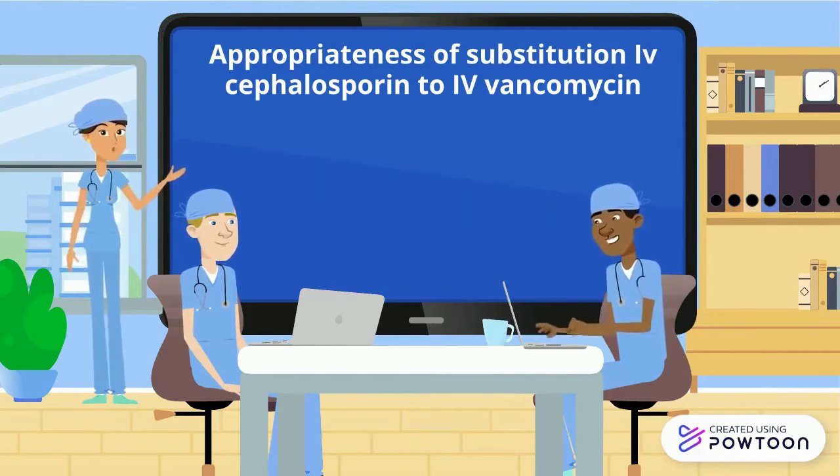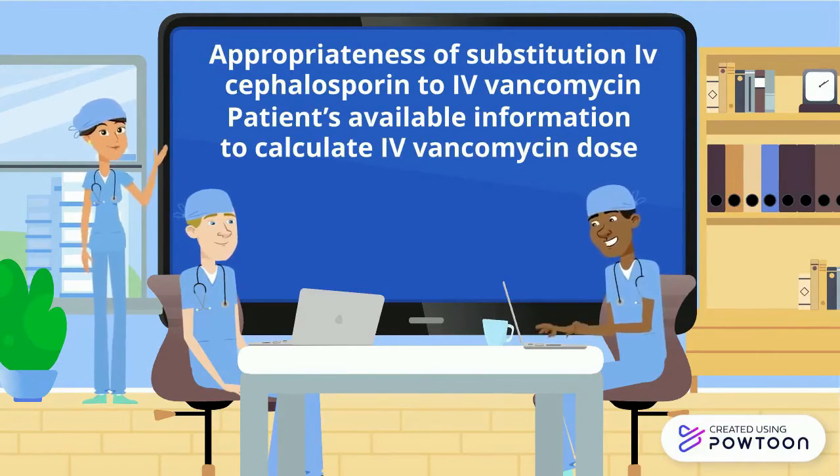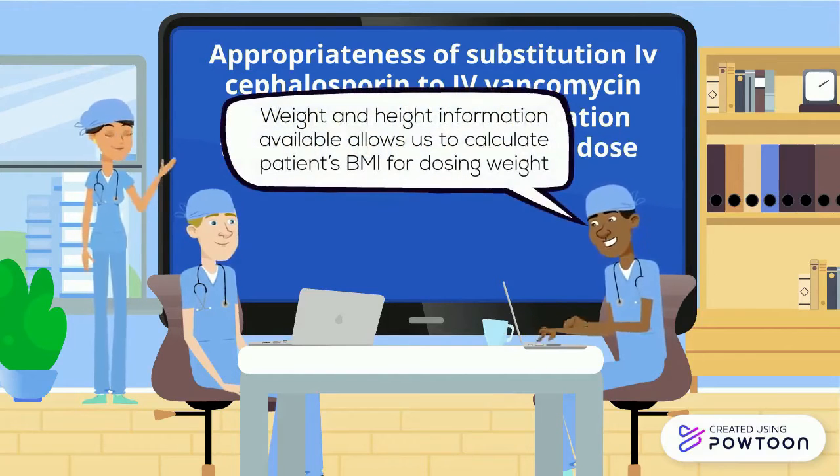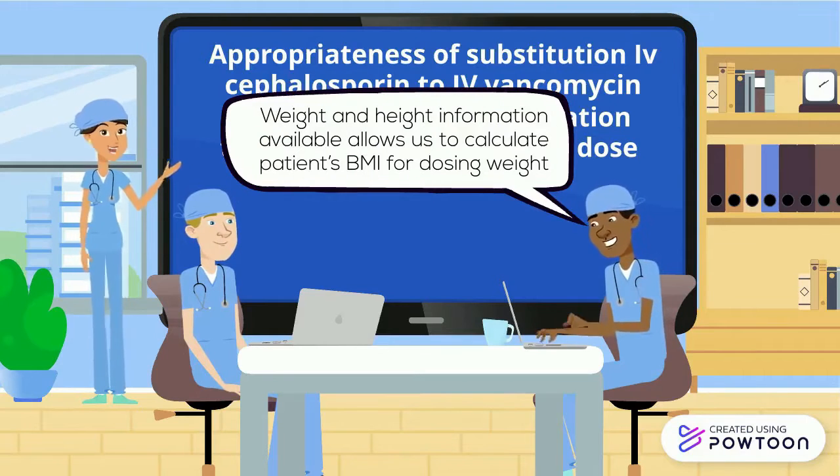Next, for number 6, it is the thorough assessment of patients' available information to calculate the intravenous vancomycin dose. Based on the case study, weight and height information available allow us to calculate the patient's BMI for dosing weight.